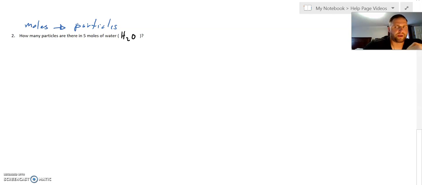Remember, here is our relationship that we need to use in our proportion. 1 mole is equivalent to 6.02 times 10 to the 23rd particles.